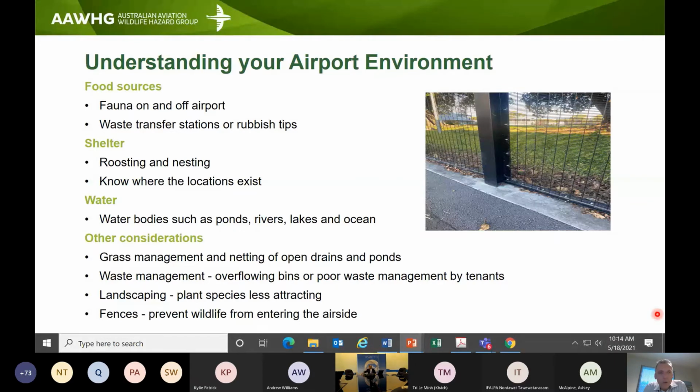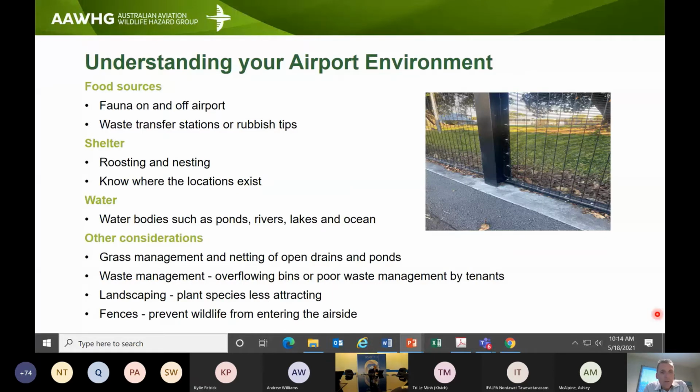So one of the things that we often look at is the food sources. Birds won't come to the airfield if they're not looking for a particular food source. So in both fauna on and off airport, we do have some species that transit across the airfield, so not necessarily coming to the airfield to look for food, but they might be heading towards a couple of ponds that we have situated off airport.